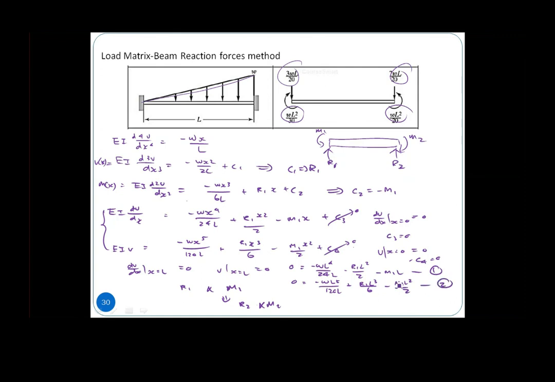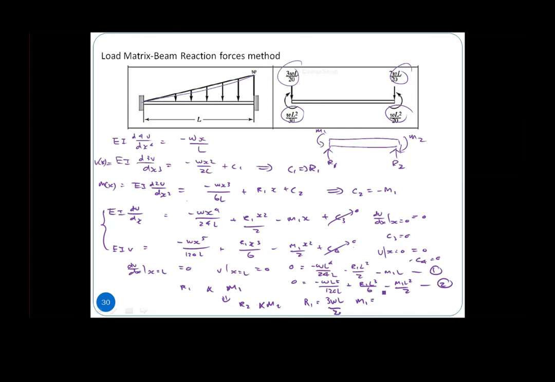So it will give us our so-called R1, which equals 3WL over 20.